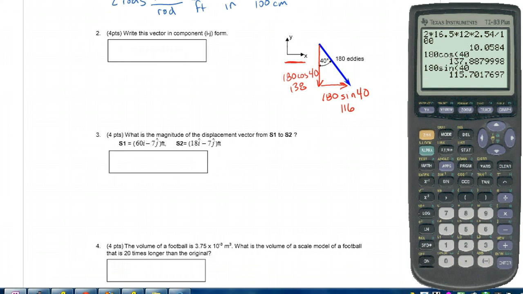In the x we have positive 116. So write that as 116 i. In the y we have a negative j. And make sure and get units on here.